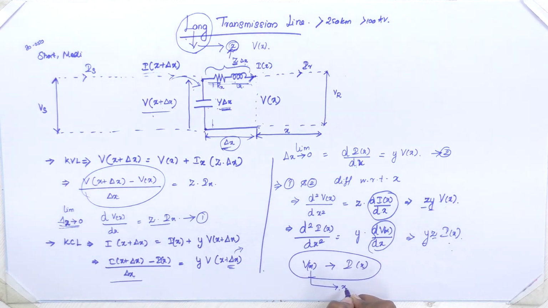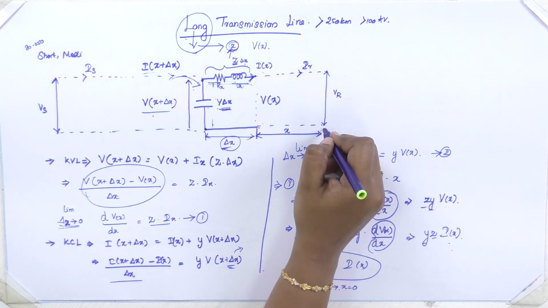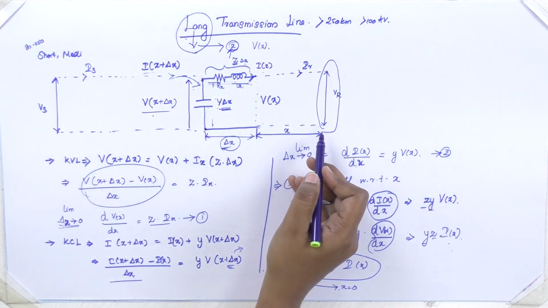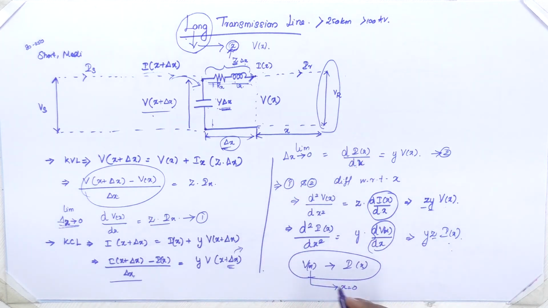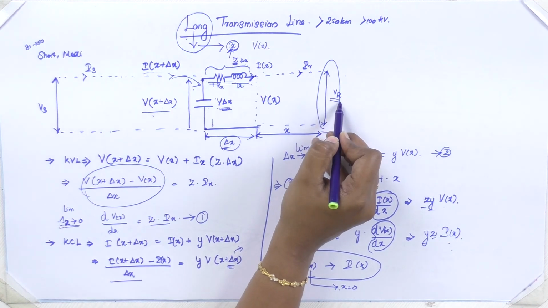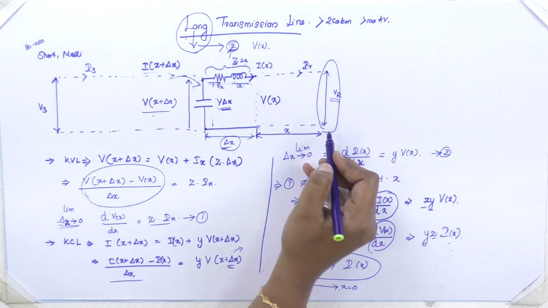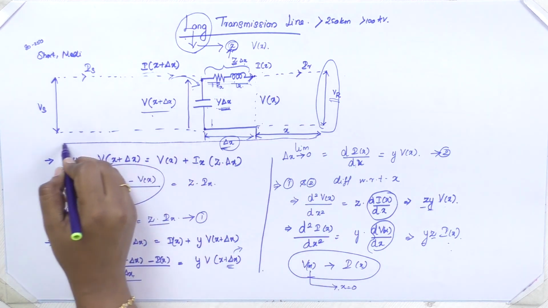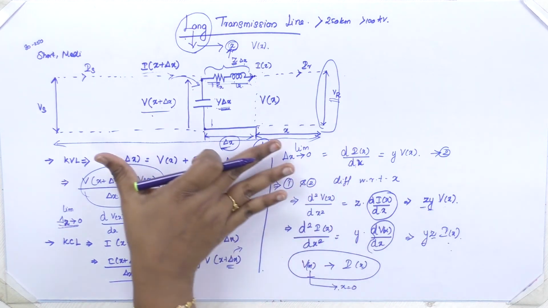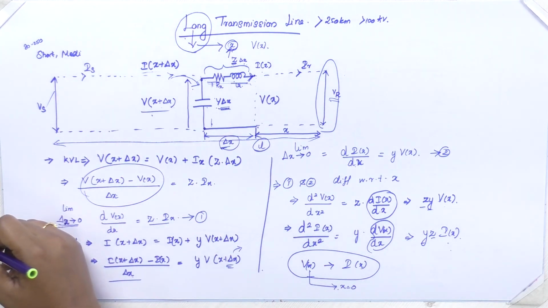If we substitute x equal to 0, then it is the receiving end voltage, because we are taking the value of x starting from the receiving end. If we substitute x equal to L, that is the total length of the transmission line, we will get the sending end voltage.